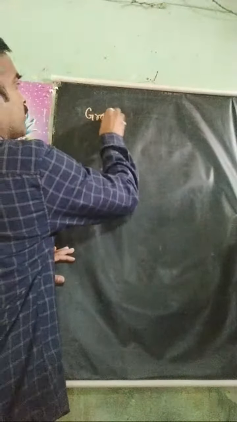How can we define a graph? A pictorial representation between two variables. Two variables means two physical variables; it may be in terms of velocity and time, or force and acceleration.